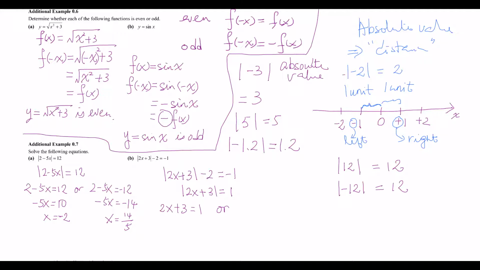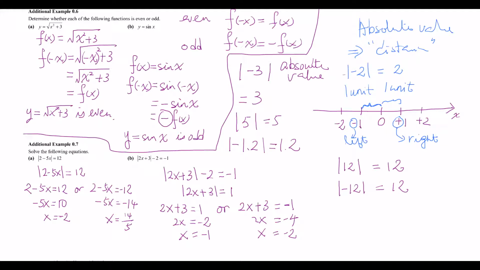The other possibility is that 2x plus 3 is minus 1. And then we solve them one by one. Therefore, there are also two possible values of x. X can be minus 1 or x can be minus 2.